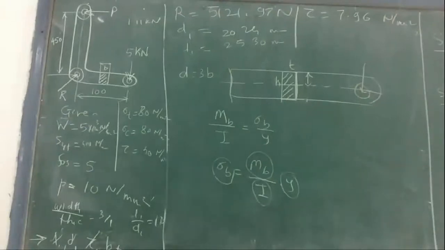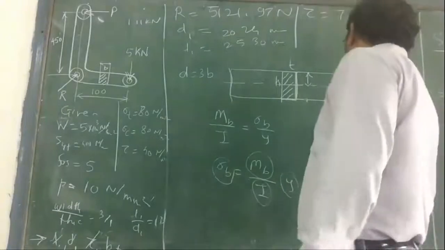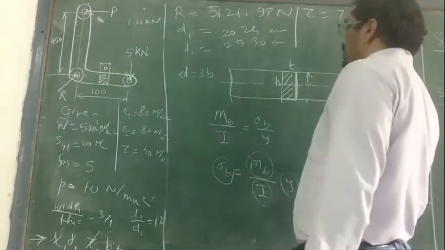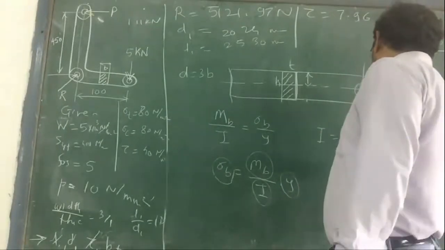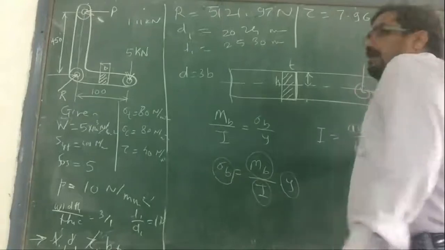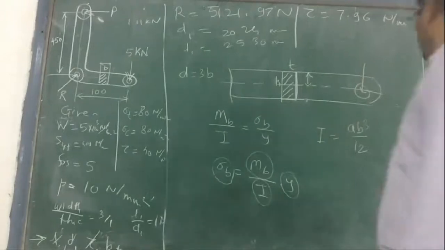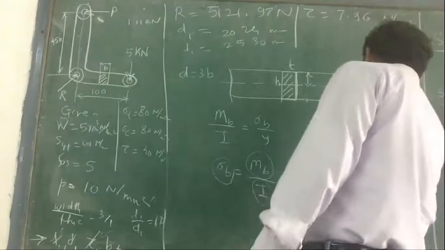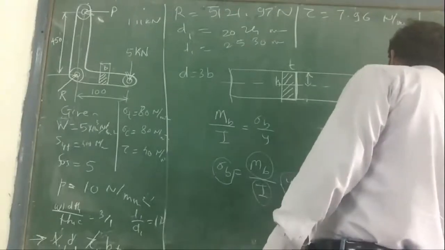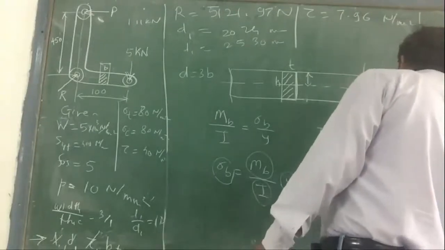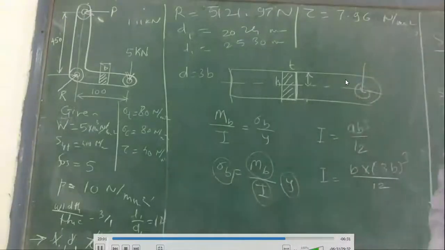Because we know, for the moment of inertia, I for a rectangular cross section is I think a b cube by 12, right? So a b cube by 12, that is the formula we use generally. So in this case, I is b into 3b cube upon 12, right? Let me just verify.